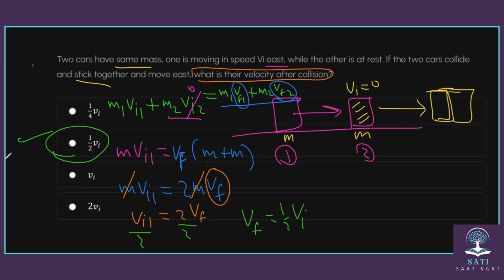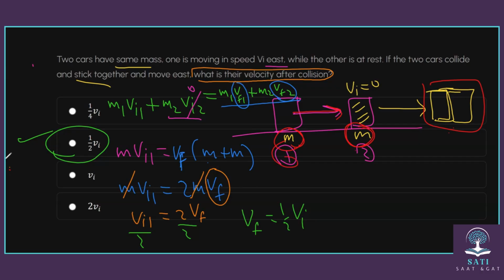This is one idea. Another idea, if you want to solve it mentally without doing these equations: if one car is at rest and the other has a speed and collides with it, and they have the same mass, then the new velocity will be the average of the two velocities.